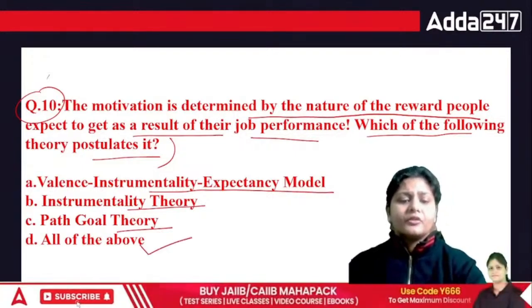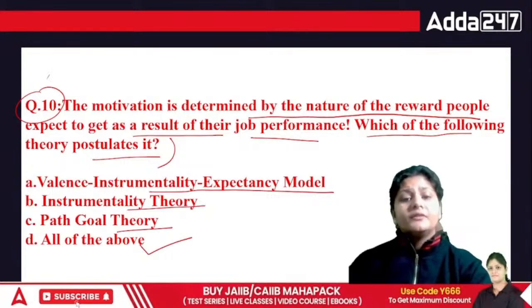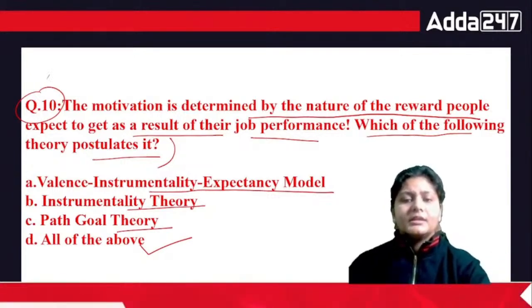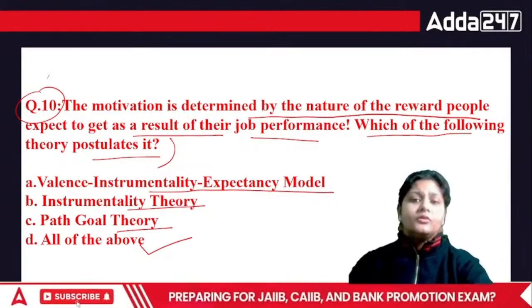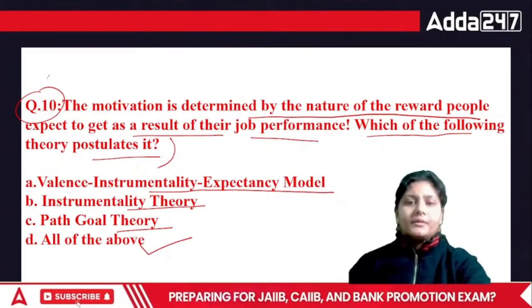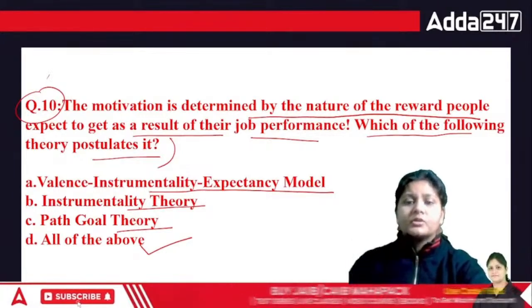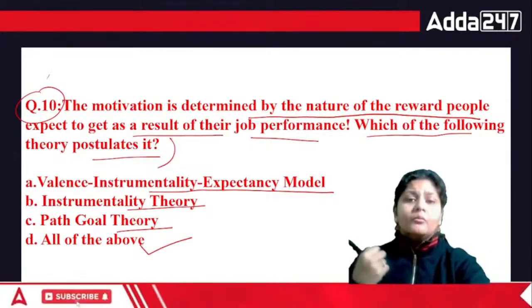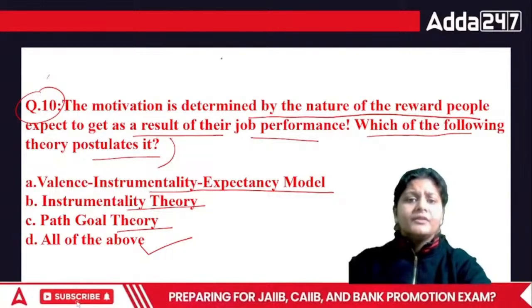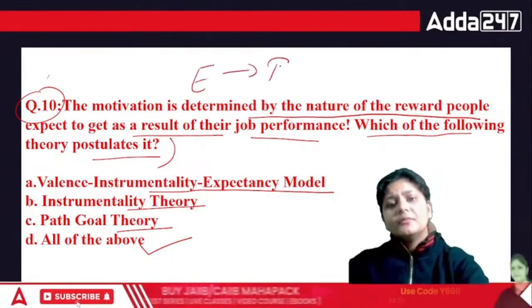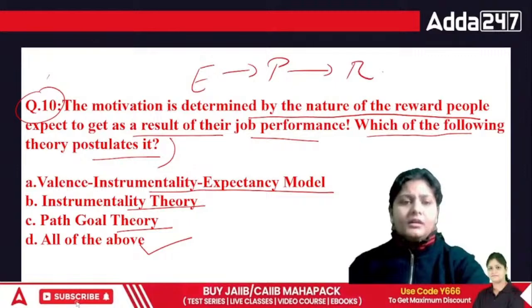All the 3 names are from the Vroom theory. So when we are talking about the Vroom theory, that means if we know what type of reward that person is going to get, then definitely we will be more motivated. So it will lead to effort, performance and outcome.